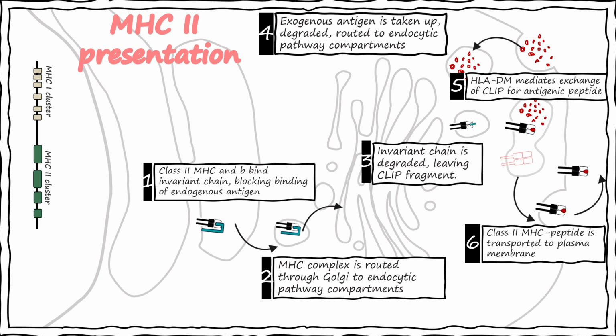So now we can see the exogenous antigen displayed on the MHC2 molecule would be presented on the surface of the cell, and this is happening only in a dendritic cell, macrophage or B cell, very selectively in the antigen presenting cell. Not everyone has this capability to present exogenous antigen. So I hope this was quick enough and understandable.